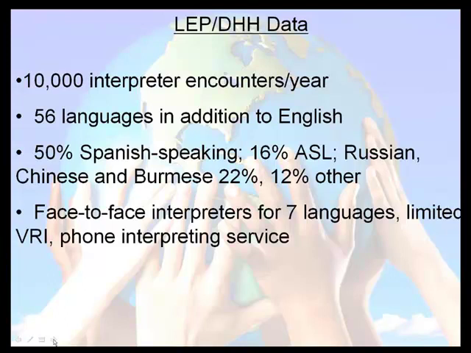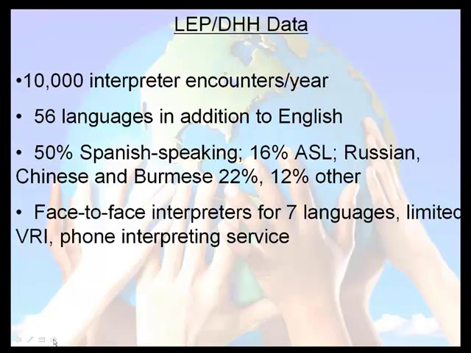One of the most interesting pieces is that we do have 56 languages in this town of 100,000 people represented in our healthcare system. And I've given some percentages of those languages that are spoken. That is 50% Spanish-speaking patients. And ASL is our second largest group.